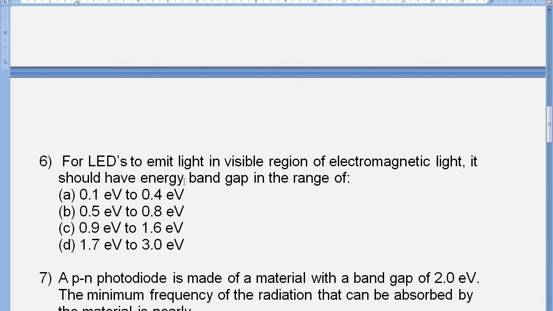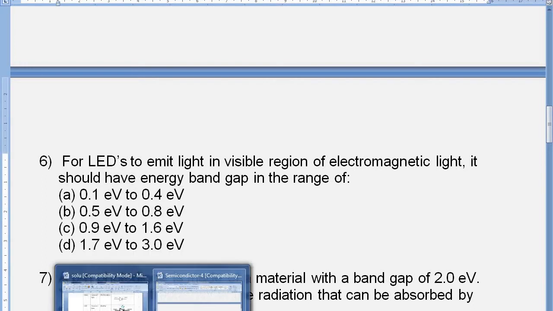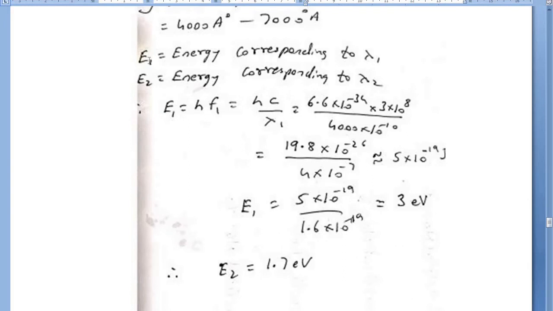Now the next question. For LEDs to emit light in the visible region of the electromagnetic spectrum, it should have an energy gap in the range of these given options. So how do we calculate it? First of all, what is the visible spectrum? The visible spectrum extends from 4000 angstrom to 7000 angstrom. Let E1 be the energy corresponding to lambda 1 and E2 the energy corresponding to lambda 2.